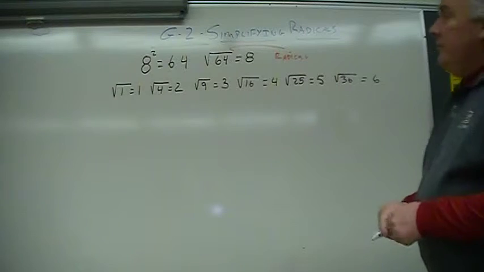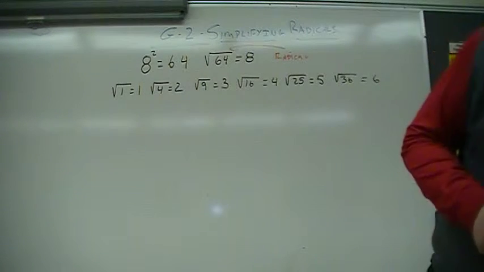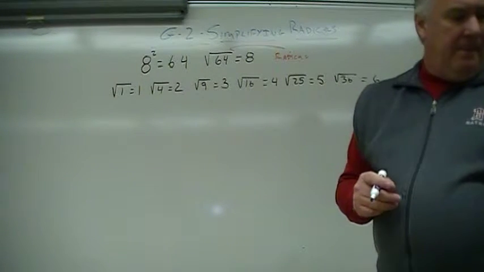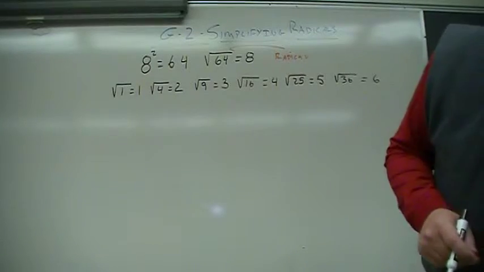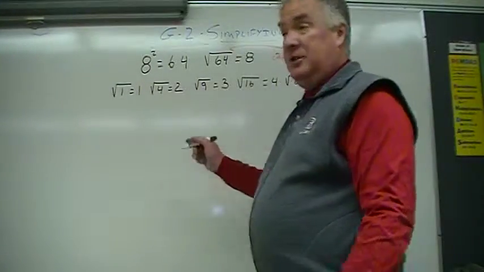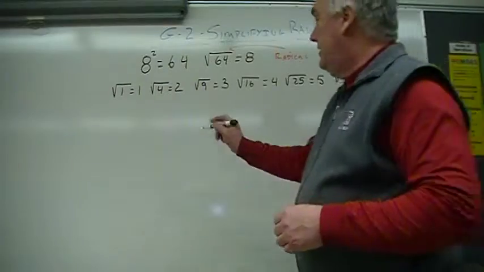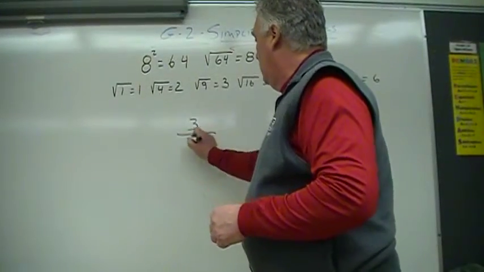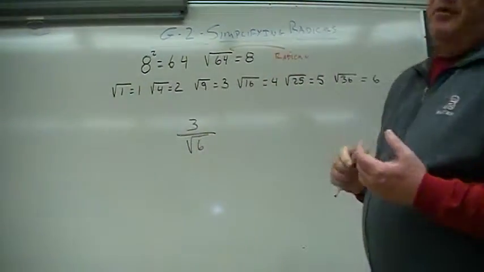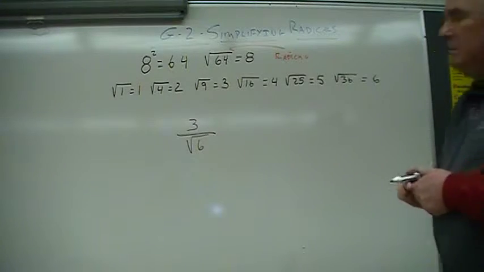All right. So those are some of the basics so far. I got one more thing we need to do. We need to divide. I just showed you multiplication. Let's divide. And really what we're doing is simplifying a fraction.